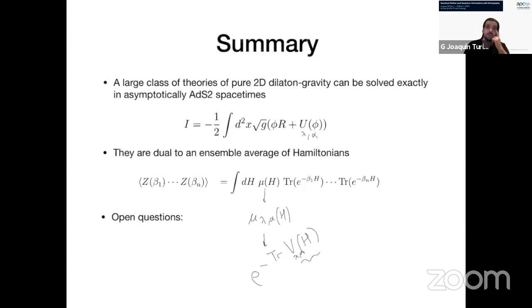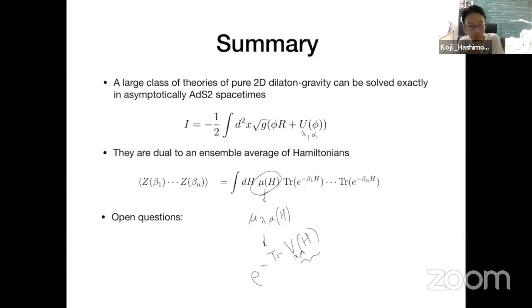So that's what I was trying to say before. Let's say you write the Hamiltonian of SYK and you choose some basis. Then it's just a big matrix, right? With a lot of zeros and a lot of entries that depend on J. So the integral of disorder over J, you can think of it as integrating over matrices with a very complicated measure that is not simply of this form.